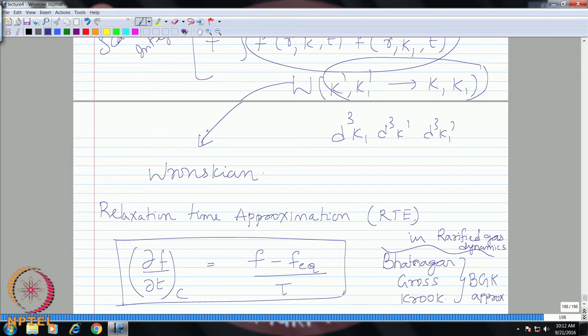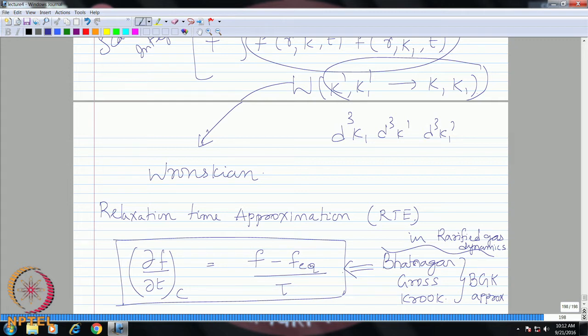In rarefied gas dynamics also the Boltzmann transport equation is used, and there is a similar problem with collision between the gas molecules, and there we bring in BGK approximations very similar to the one we have written here. So, we take an analogy from gas kinetics and apply that to the other energy carriers and simplify the collision term.